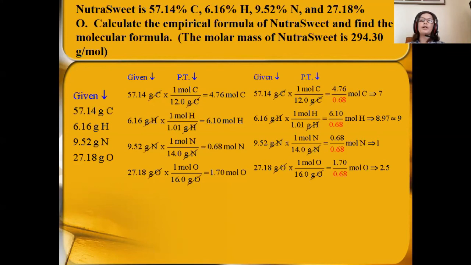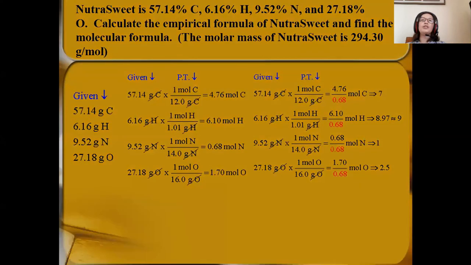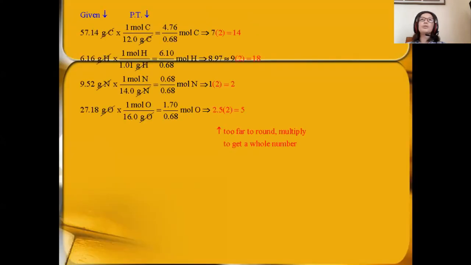Correct. So again, 7, 9, 1, and 2.5. You multiply this by 2. And therefore, you have the ratio of 14, 18, 2, and 5. So can we now use that as a subscript? Okay, very good. So you can use that.